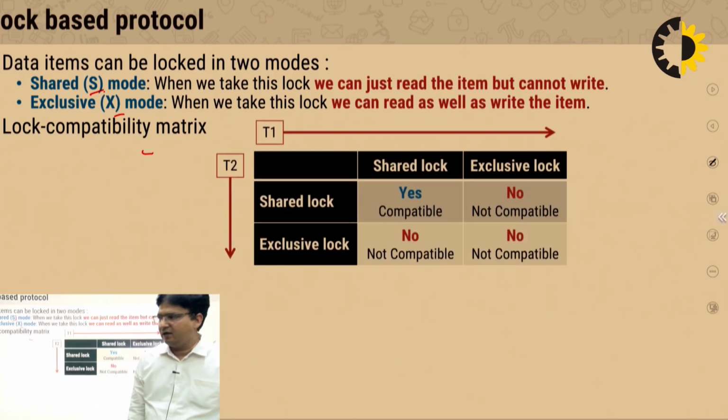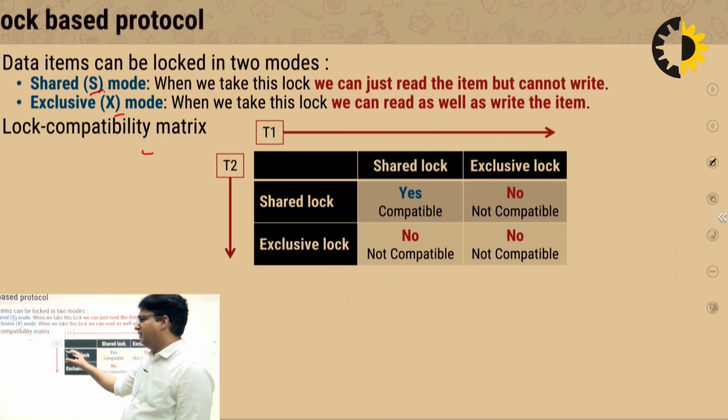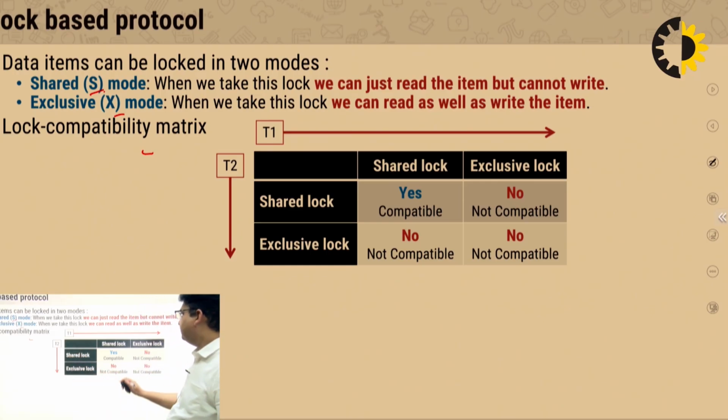Let us see them one by one. This is the lock held by transaction T1, and these are the locks that will be held by transaction T2. We see that transaction T1 has applied a shared lock, and another transaction T2 also wants a shared lock on the data item already read by T1.